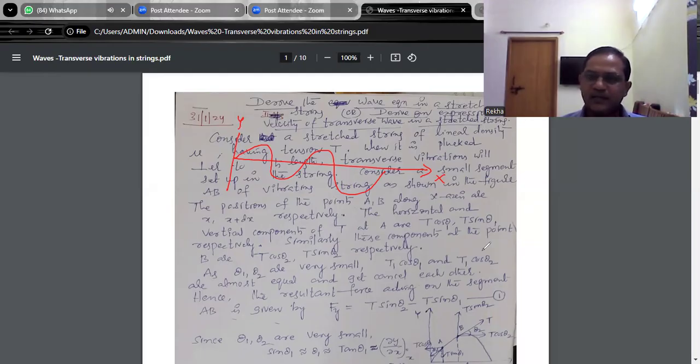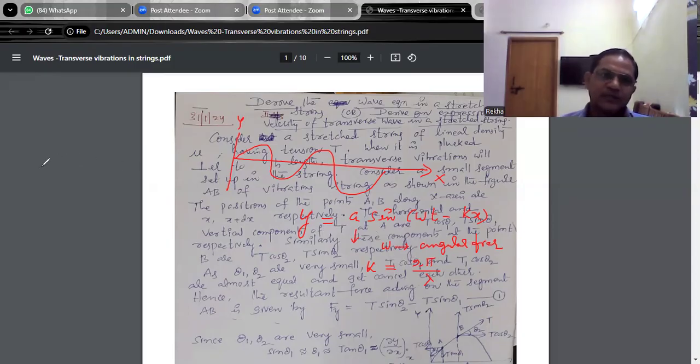It is represented by y = a sin(ωt − kx), where a is the amplitude, ω is angular frequency, k is the propagation constant, that is equal to 2π/λ. So this is the equation of progressive wave traveling along the positive x-axis.